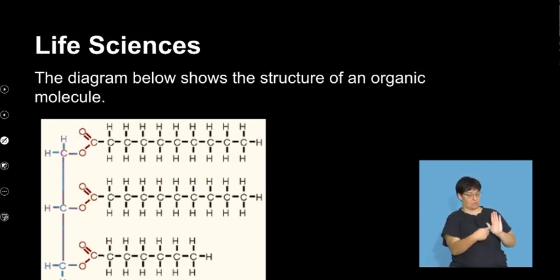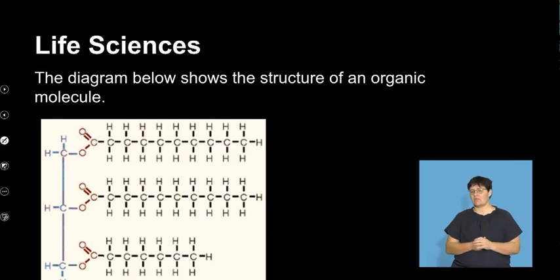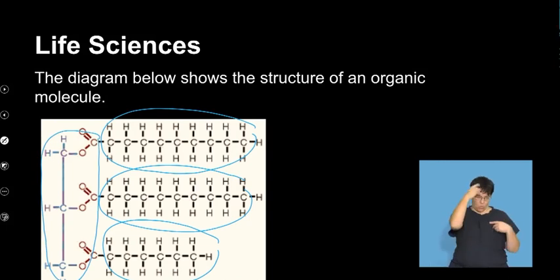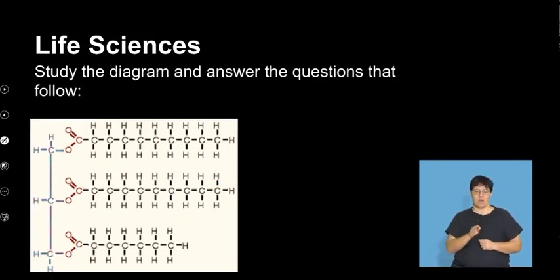Now we get to this diagram and we have a look at it, and it shows us this big thing that we get all scared of. But look what I do. 1 little pig, 2 little pigs, 3 little pigs. The question says this is an organic molecule. So I'm thinking, I know this, there are 3 little pigs, 1 wolf. So I'm thinking, okay, this is going to be a fat molecule.